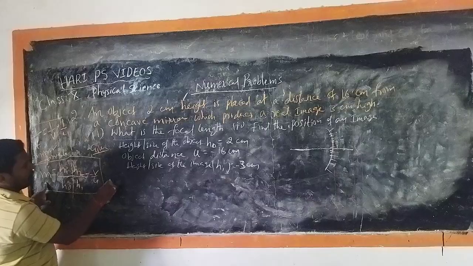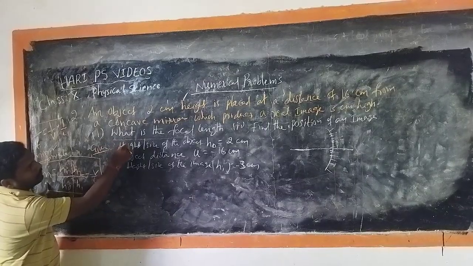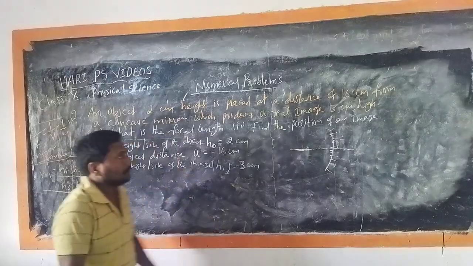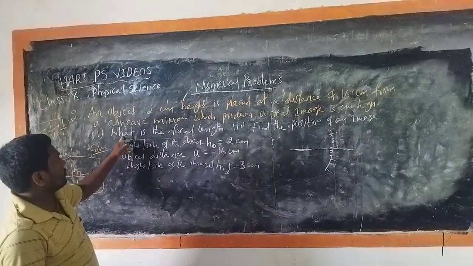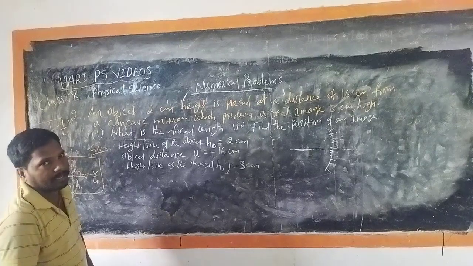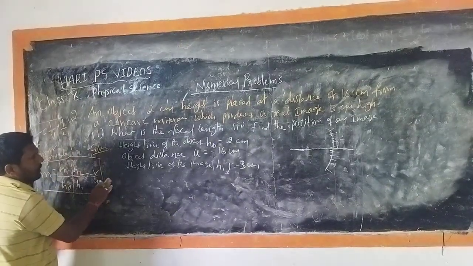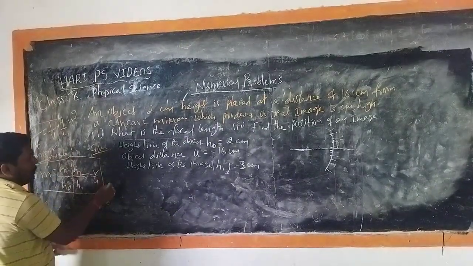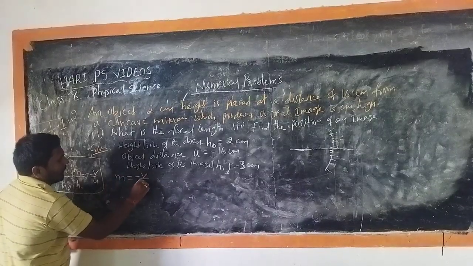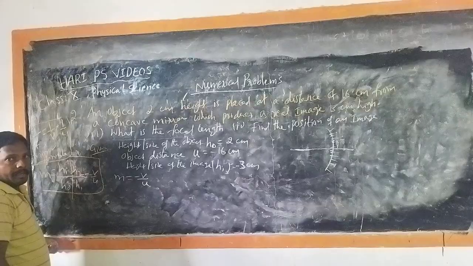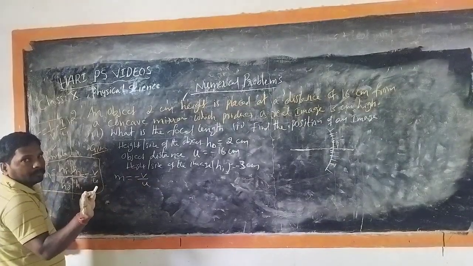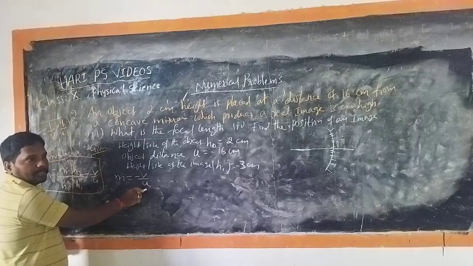By using this formula, first find the position of the image, then we get the focal length. To know where it is formed, we use magnification m equals minus v by u, but there is no v value, only the object distance u.